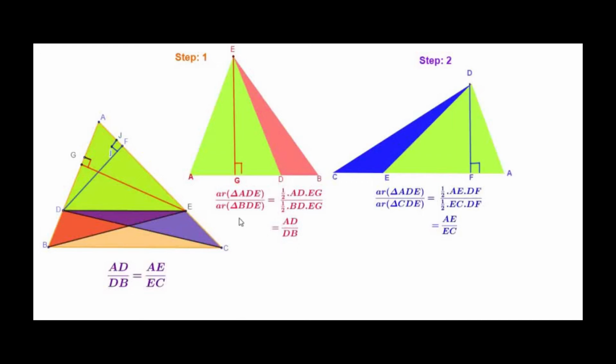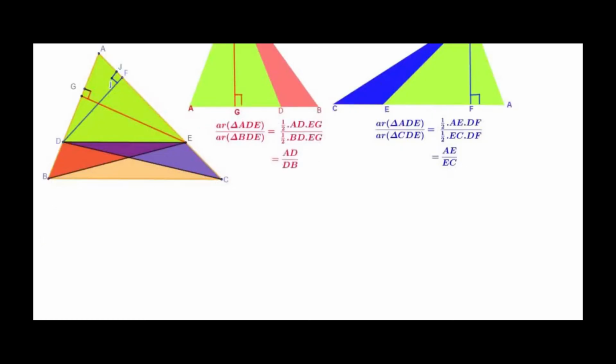Now to prove that, let us have a look at the left hand sides of these two equations. In the numerators you have ADE and ADE, it's common. In the denominators you have triangle BDE and triangle CDE. So if we can show that these two triangles, triangle BDE and triangle CDE, are equal, then it is proved. So let us consider these two triangles, triangle CDE and triangle BDE.